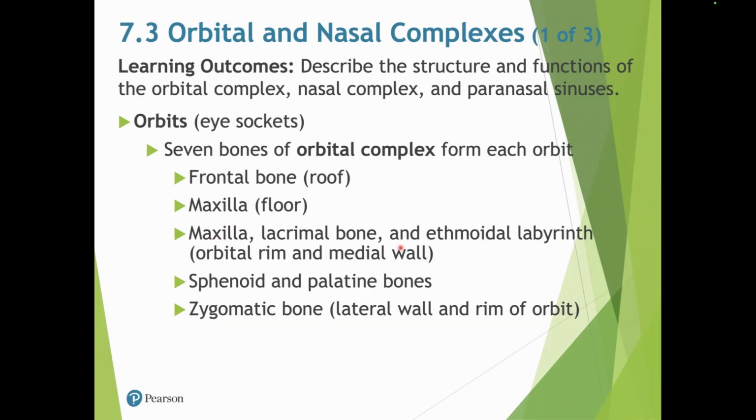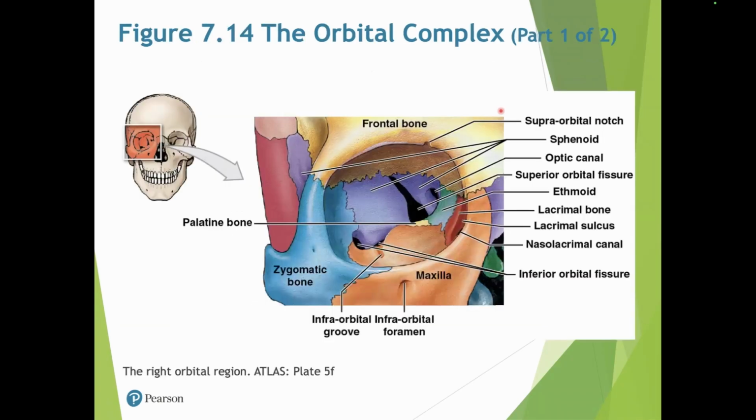Maxilla, lacrimal, and ethmoid labyrinth form the orbital rim and the medial wall. Sphenoid and palatine bones. Your zygomatic bone is going to form the lateral wall and the rim of the orbit. So with that, once we learn these, we will also talk about that nasal complex and paranasal sinuses, which are going to be a result of all of these bones too.